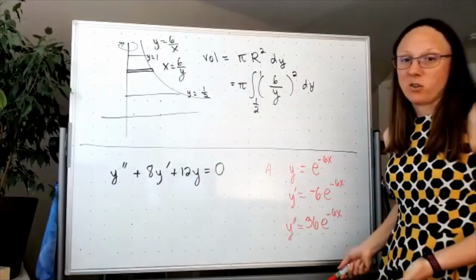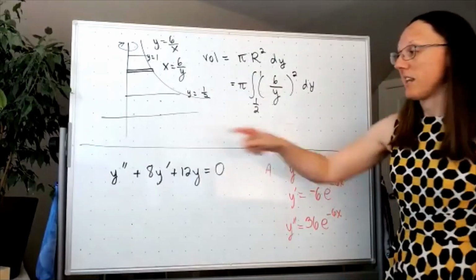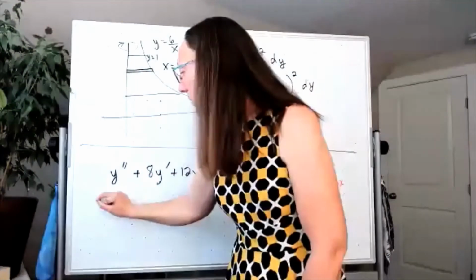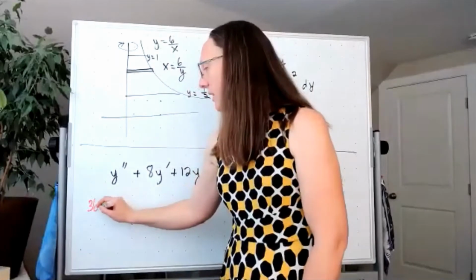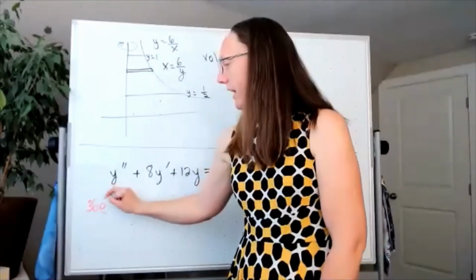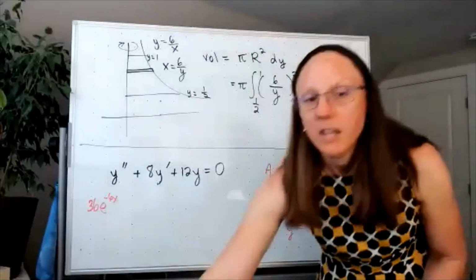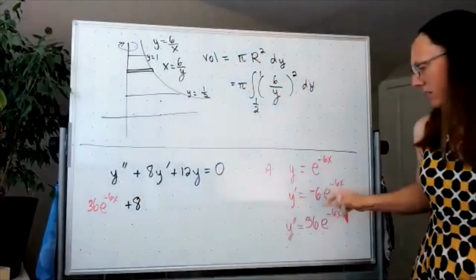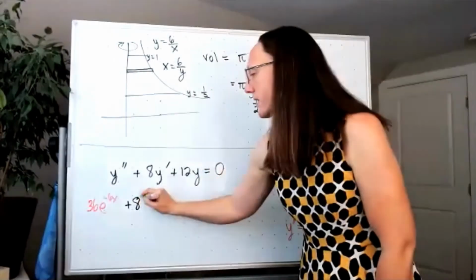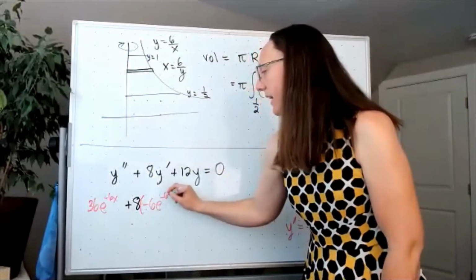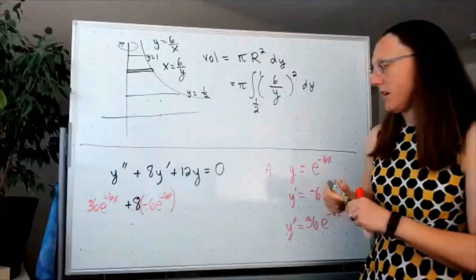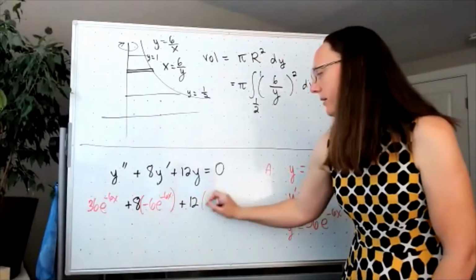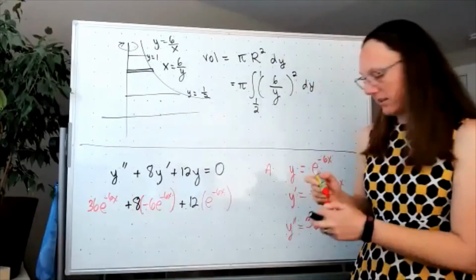So to check, I'm now going to take these pieces and plug them in. For y double prime, I'm going to replace that with 36 e to the negative 6x. Then I'm adding that to 8 times y prime, which was negative 6 e to the negative 6x. And I'm adding that to plus 12 times e to the negative 6x.